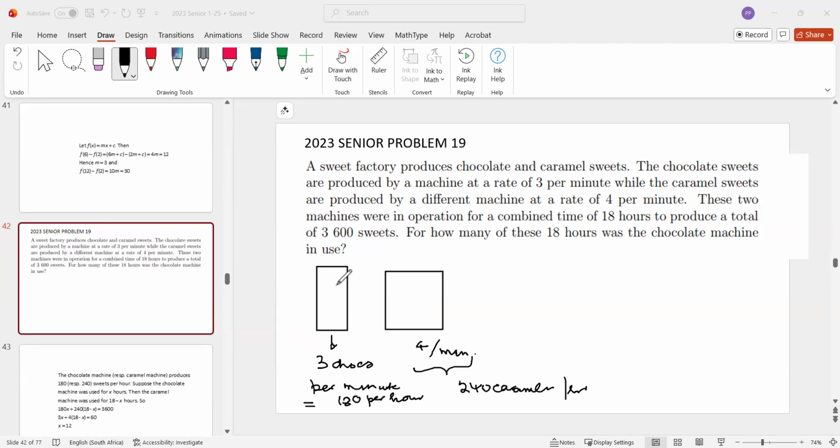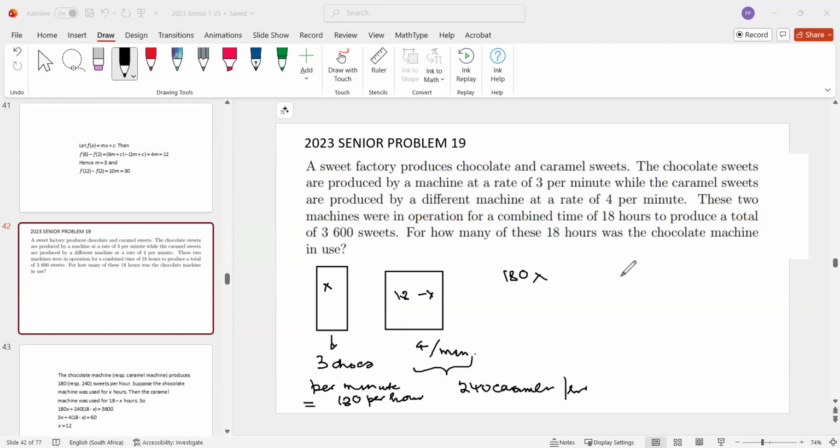So let's just say it was used for X hours. And altogether, combined time of 18 hours. So the other machine would have been used for 18 minus X hours. So the chocolate machine was used for X hours. In 1 hour, it produced 180 chocolates per hour. So in X hours, the number of chocolates produced by the chocolate producing machine is 180 times X, which is 180X.